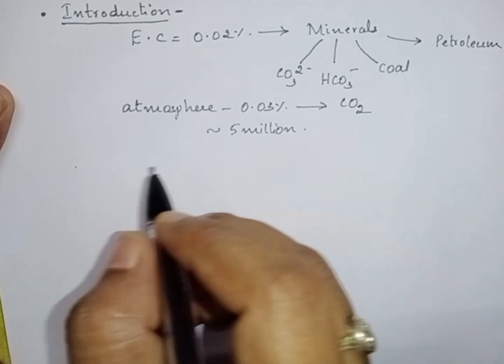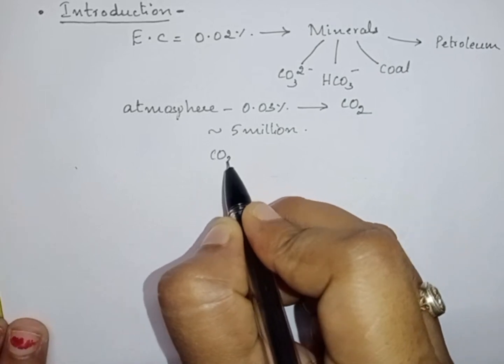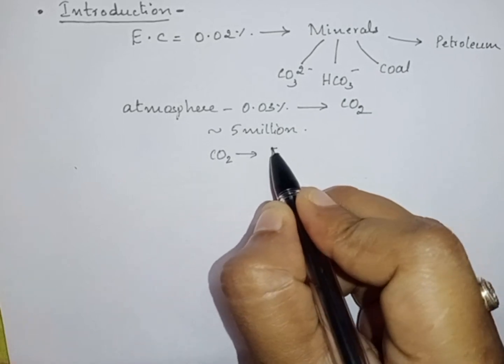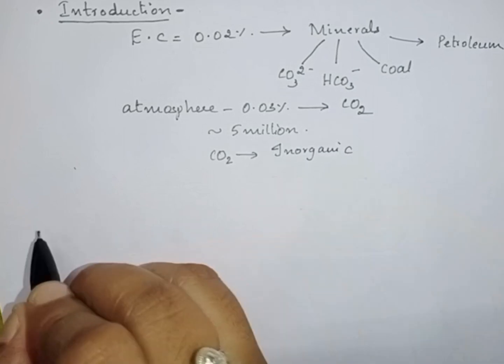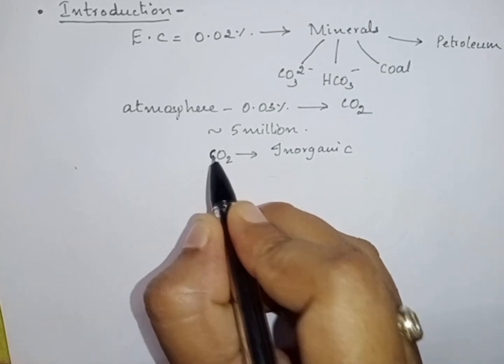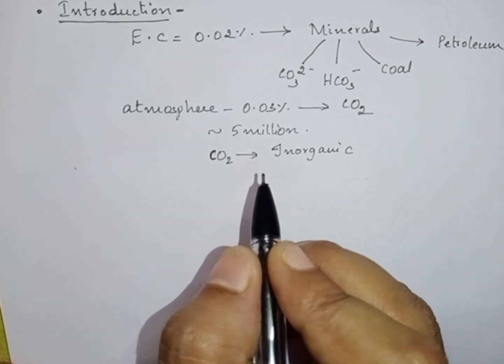For example, in the previous class, you have studied about carbon dioxide and all. These are inorganic compounds. Oxides of carbon, allotropes of carbon, these are inorganic compounds.